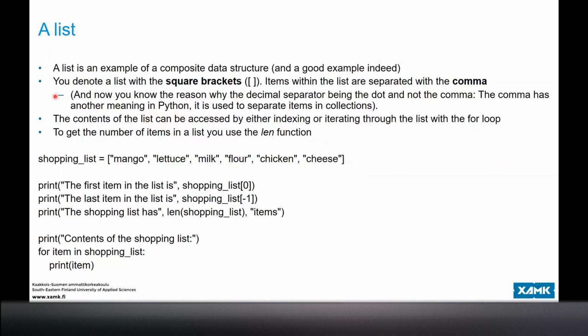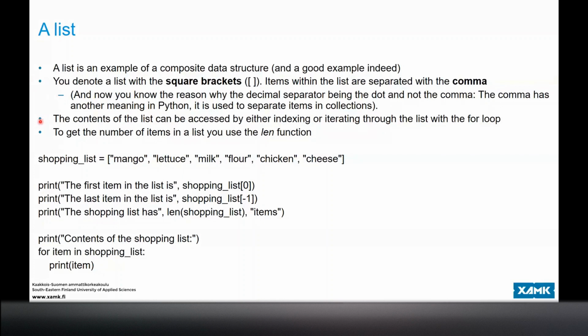Even though in many European languages the comma is used for separating decimal points within a number, it's not used in this meaning in this programming language because it has another meaning. It's used to separate items in collections. So now you know why the decimal separator is a dot and not the comma.